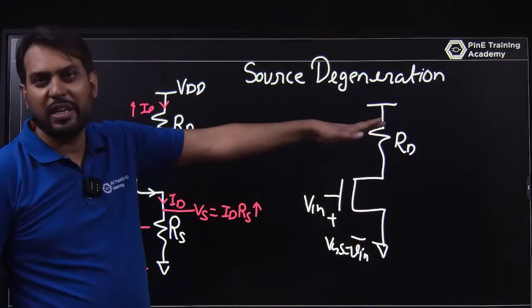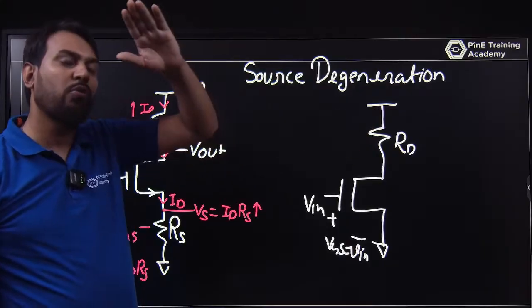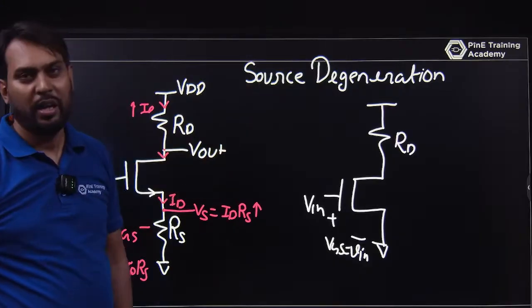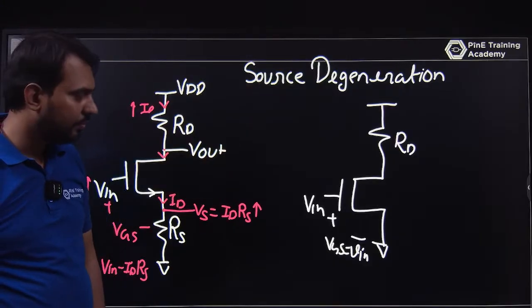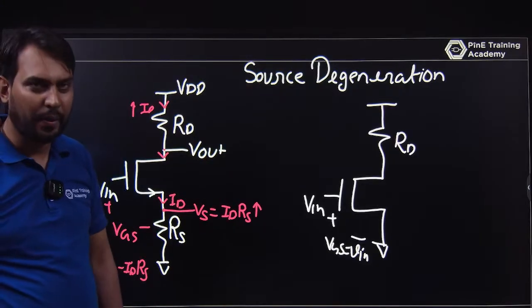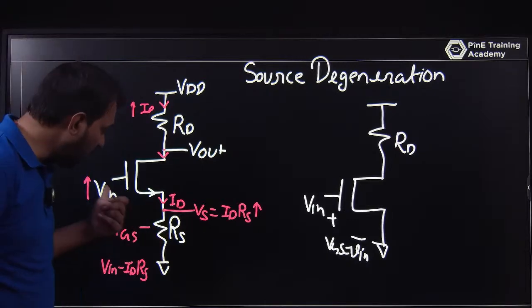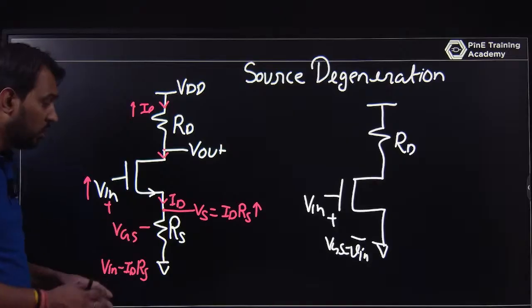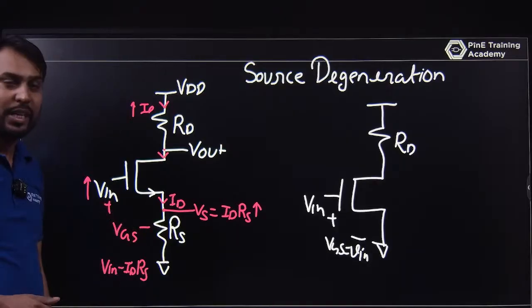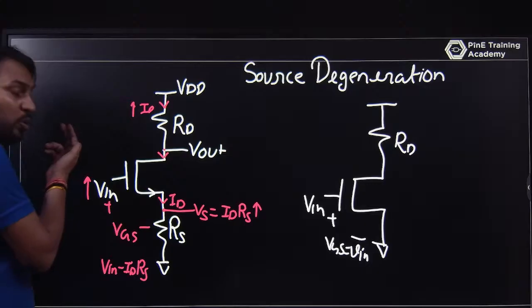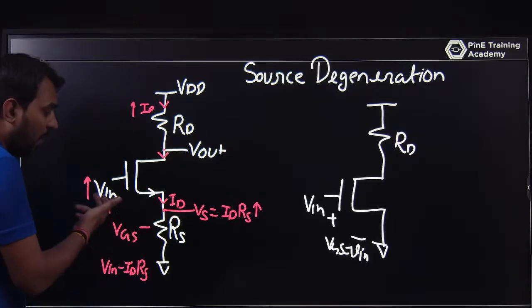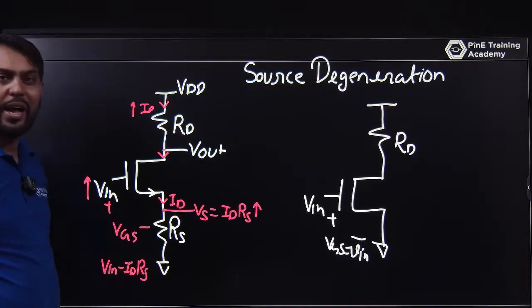The current increases with ID equal to 1 upon 2 mu Cox W by L times VGS minus VTH whole square. VGS is V in. But now you are using VGS in such a way that RS is present. So this acts like a feedback, a negative feedback. As you increase the input voltage, this voltage will also increase. Total VGS will be V in minus ID into RS.